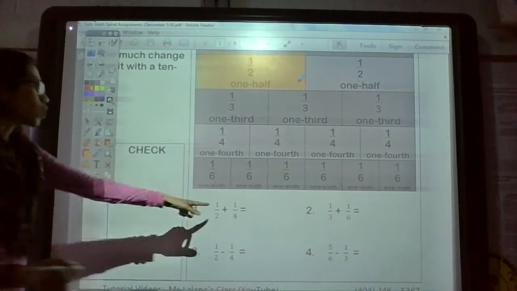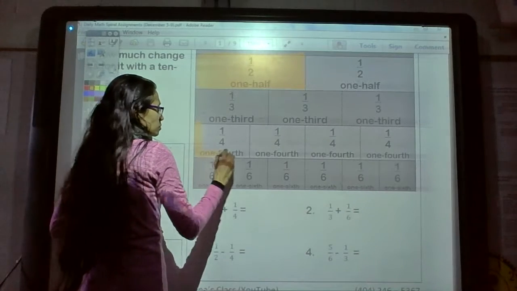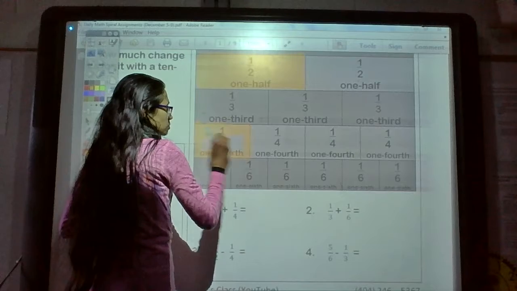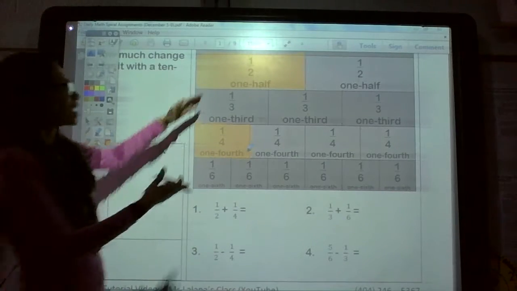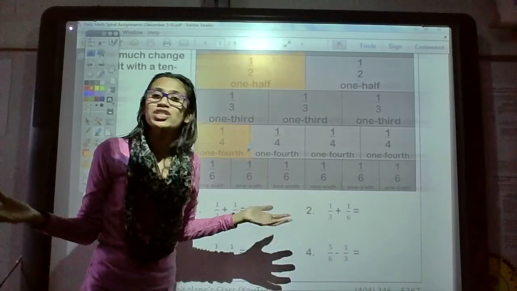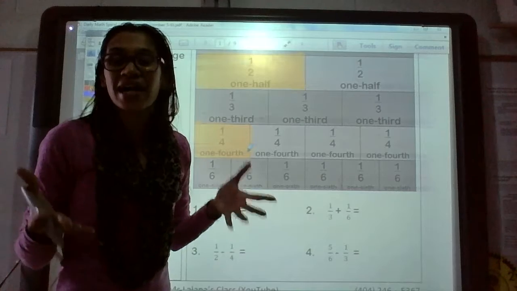And where is 1/4? Right here. So they have different denominators and they're not in the same bar. So we can't just add those together. We need to make them have the same size pieces.